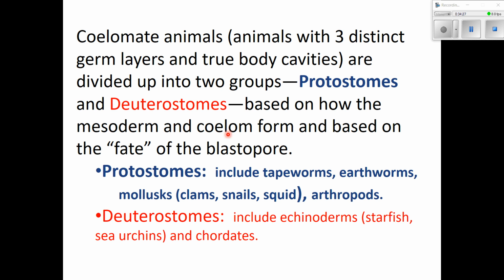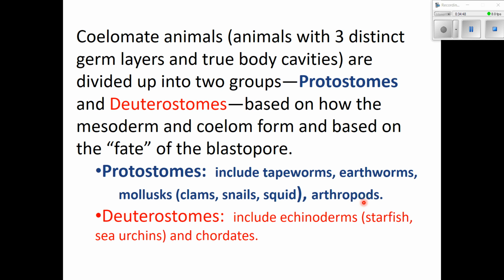It's sort of what becomes the hollow spaces in the body, how all of that develops. So I know this is confusing, but look at who we're talking about here. Protostomes would be tapeworms, earthworms, mollusks, which are clams and snails and squids and octopus, and also arthropods, which would be insects and spiders and things like that.